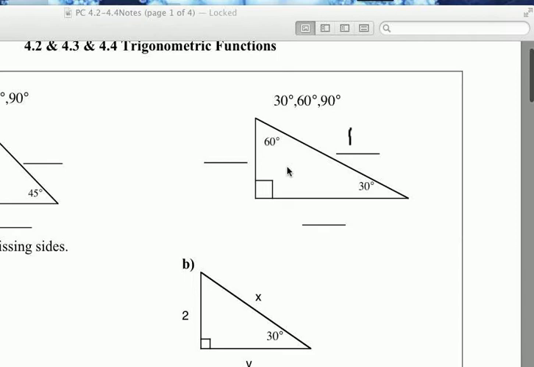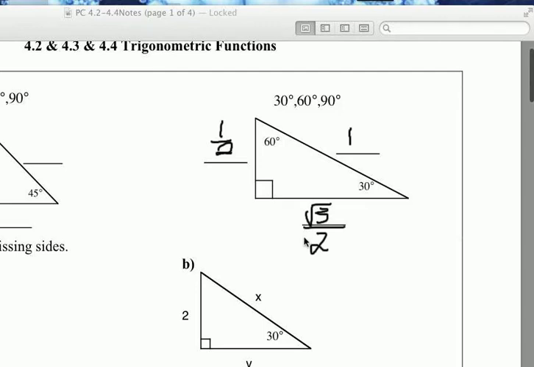And then I like to use the following numeric number. 30 is a smaller number, so opposite the 30 is 1/2, which will be the smaller length of the side. The 60 is a larger number, so opposite the 60 is root 3 over 2. So we have 1/2, and root 3 over 2.